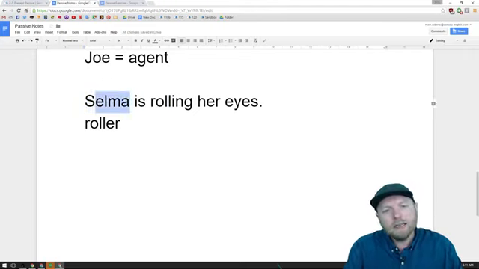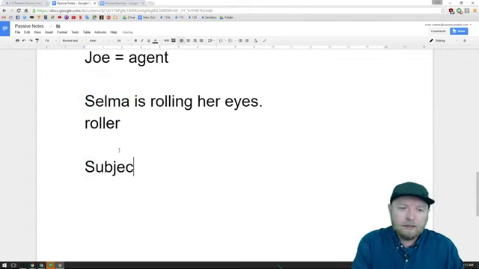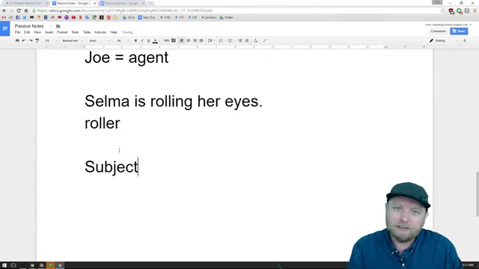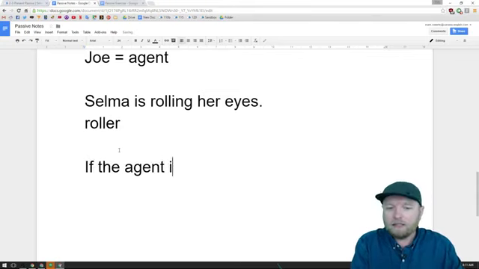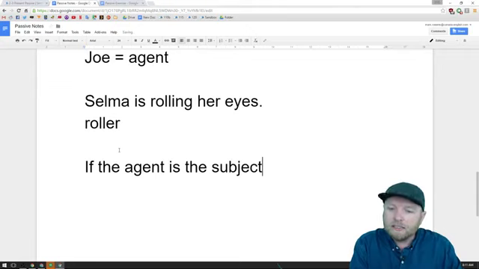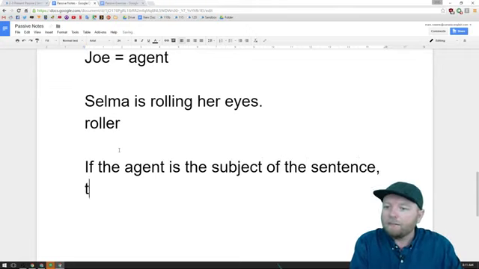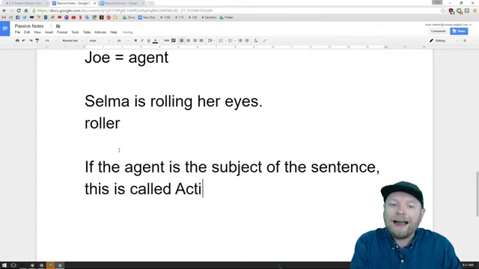And usually the first word is the subject of the sentence, right? So if the agent is the subject of the sentence, this is called active voice, okay?